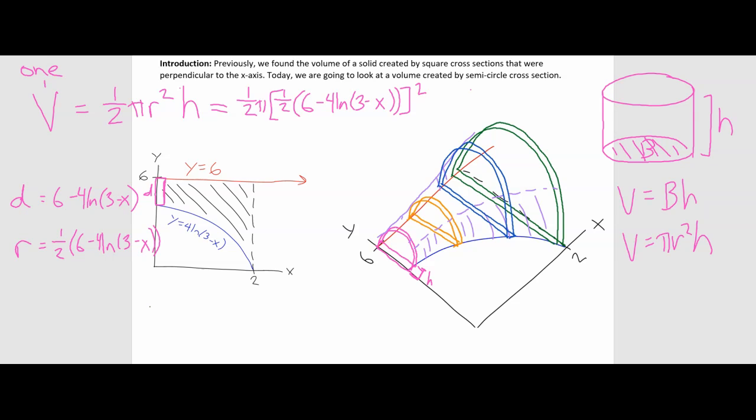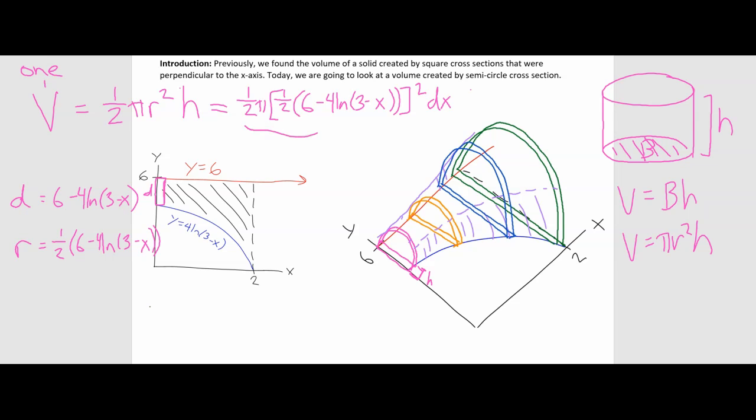And then I need my h. We know that the h is the distance between those two semicircular bases, and that's just going to be our dx, because these cross sections are perpendicular to the x-axis, so everything in our integral is going to be in terms of x, so we're going to have dx.